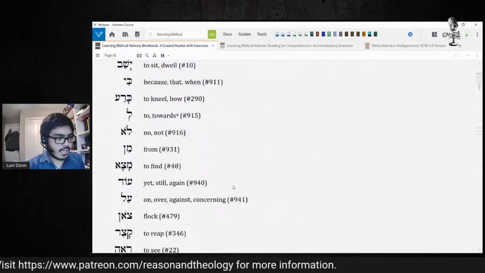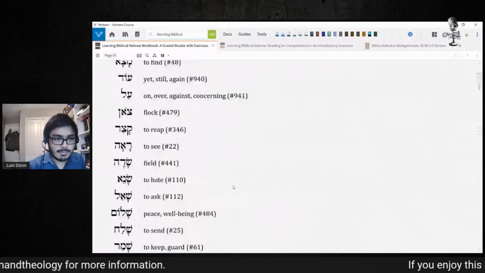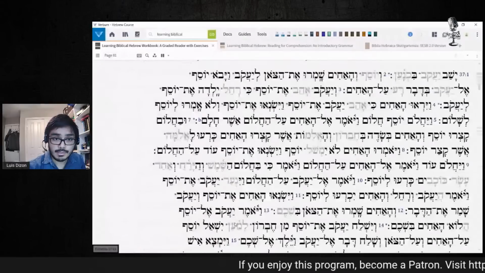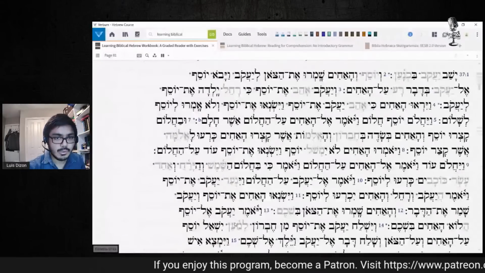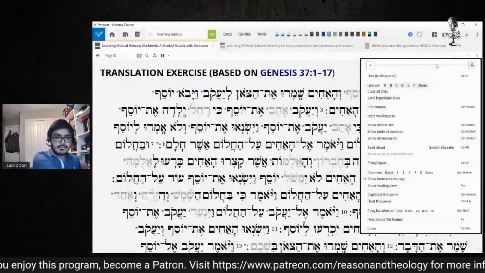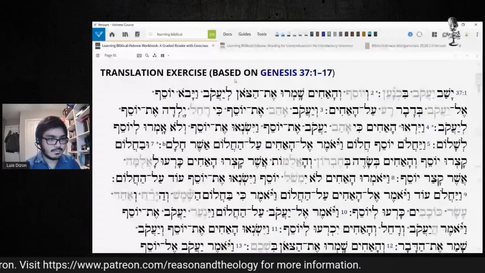It's very important to learn your vocab because when you look up a text like this, you don't want to be looking up a lexicon all the time. You want to be able to know instantly what word you're looking at. So what we'll do is we'll read verse by verse and then we'll translate as we go along.